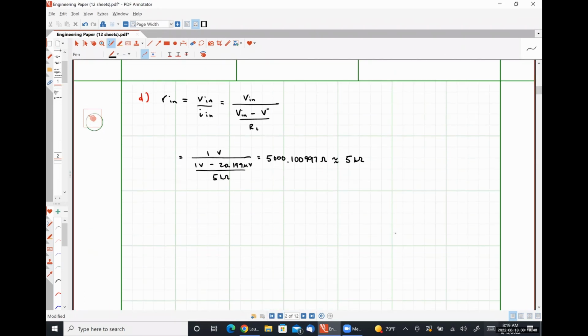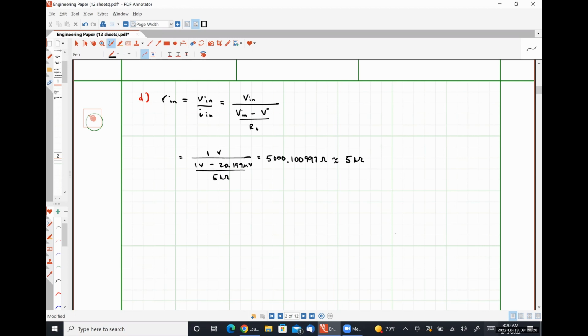So we see that the input resistance of the system looks effectively like the resistor R1, and the input resistance of the op amp, capital RN, isn't really having any effect on things. That is because of this particular negative feedback topology.